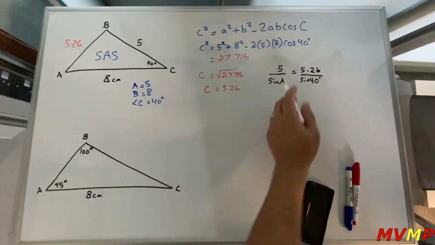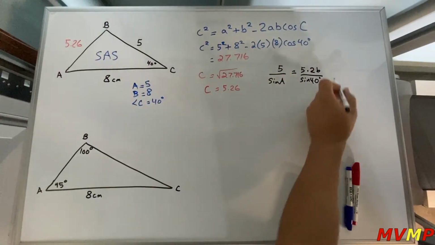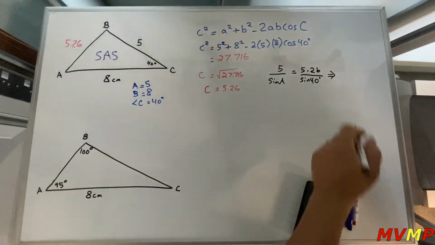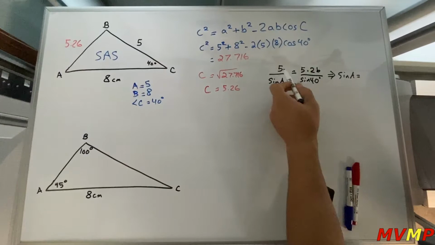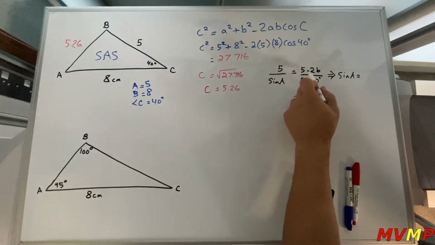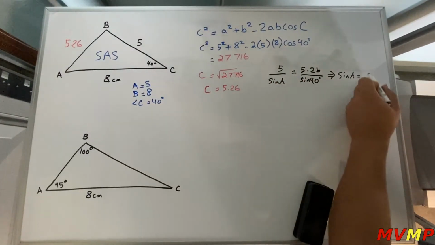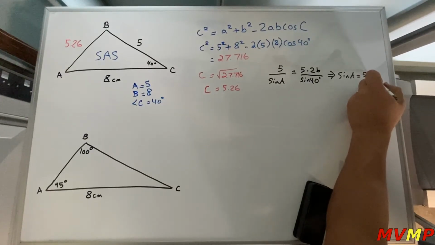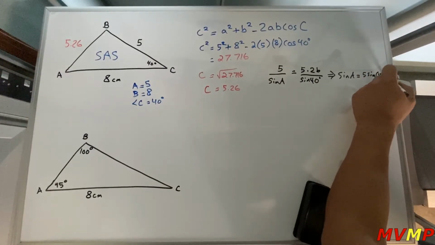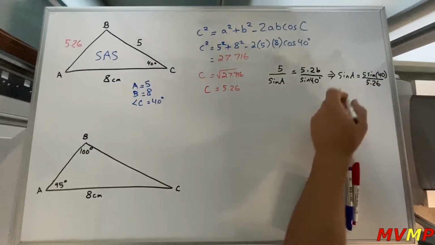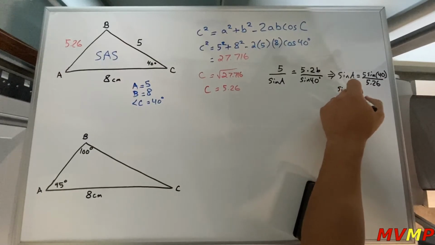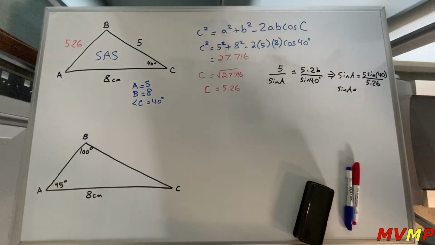So we do cross multiplication, and we'll see that sine of A will just be 5 times sine of 40 divided by 5.26. So 5 sine 40 divided by 5.26, and we'll get sine A equals.